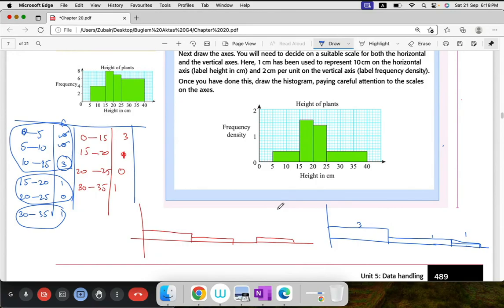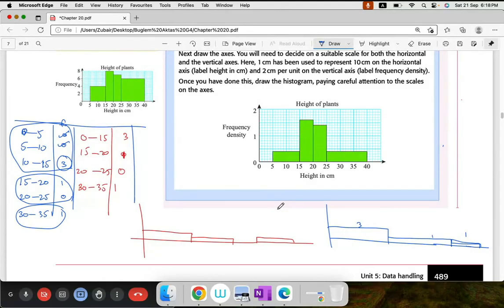So for example, if a question asks how many students were tested, but beforehand they didn't give us any value of how many students were tested, but there's the histogram with the frequency density and then the height in centimeters.